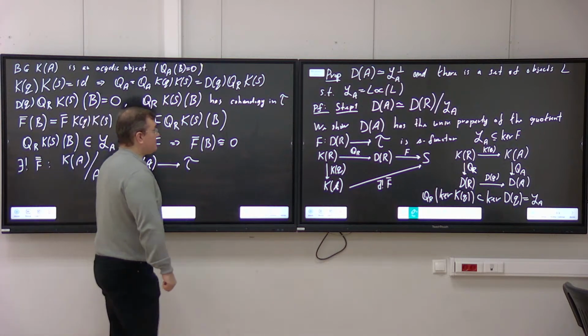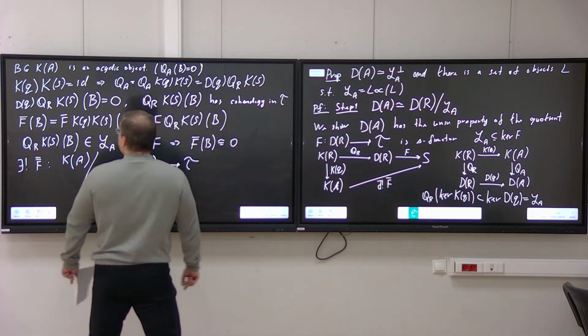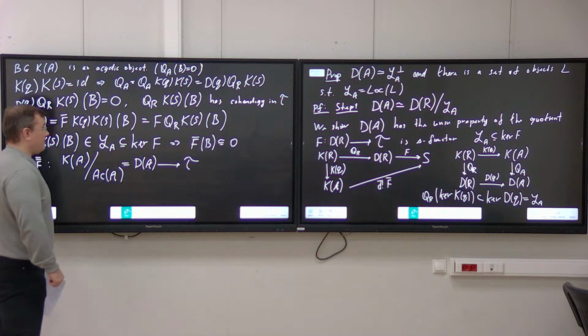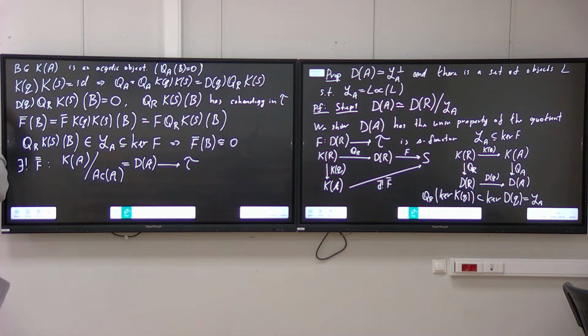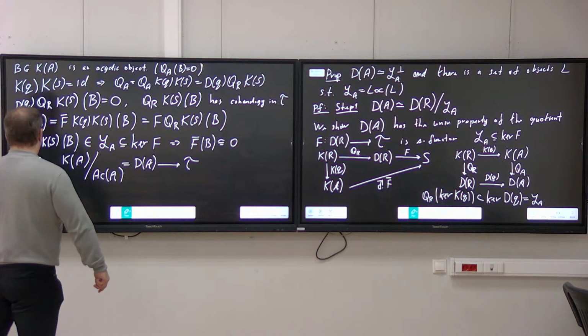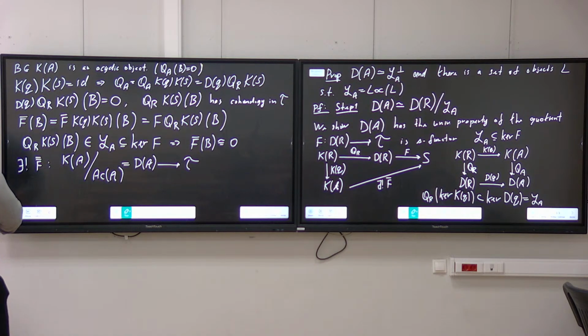And hence we have this step 1. So that's the end of the proof of step 1. I checked that the D of A has the same universal property as the K of R modulo L sub A. Okay.